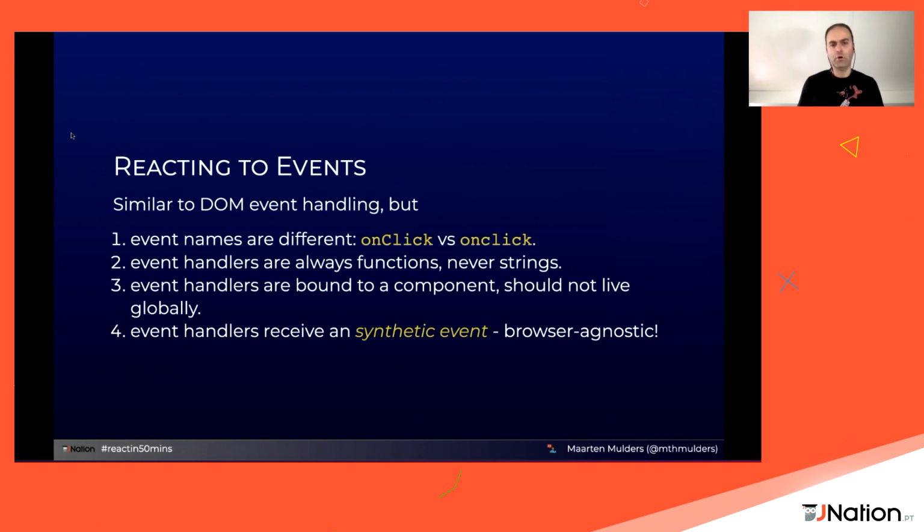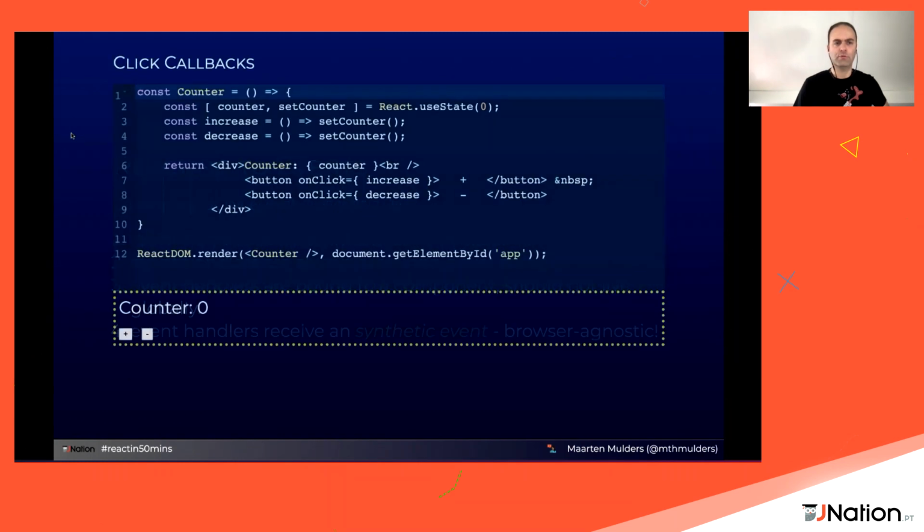An event handler must always be a function. You can't delegate to the name of a function. An event handler is always bound to the React component where it lives, and it cannot live globally. And the event handler will receive a synthetic browser agnostic event, which makes sure that it works the same across all browsers.